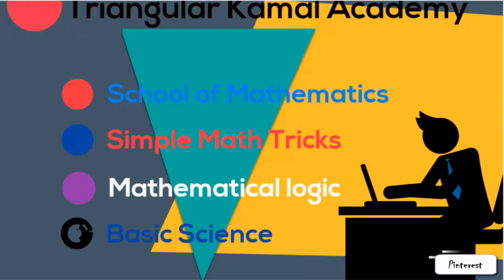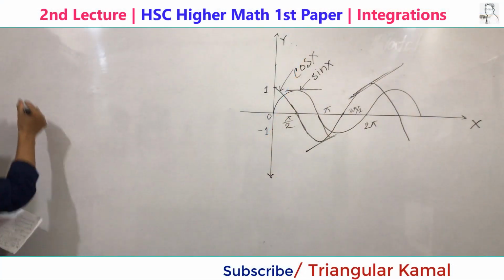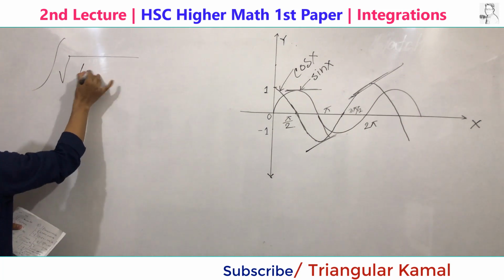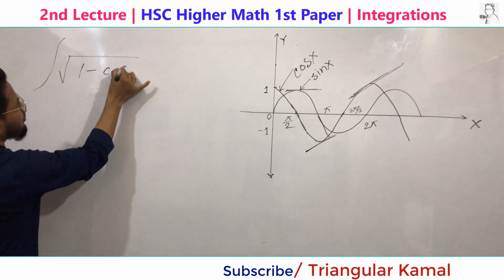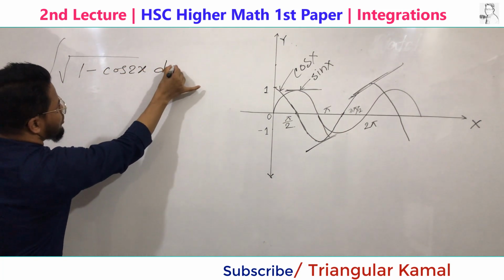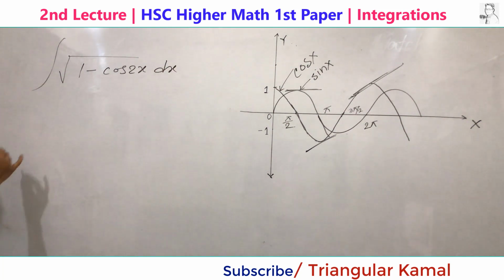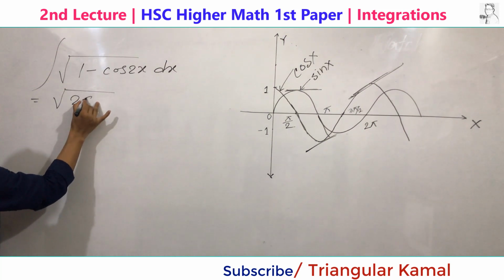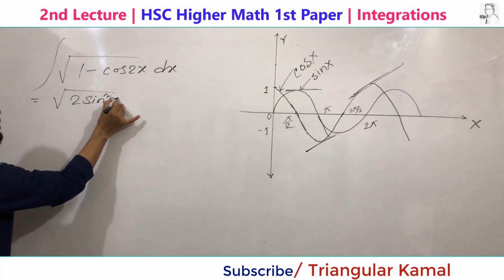First one, dear audience, give attention here. First we will review the integration of root over 1 minus cos of twice x dx. We know 1 minus cos of twice x is 2 sin square x.